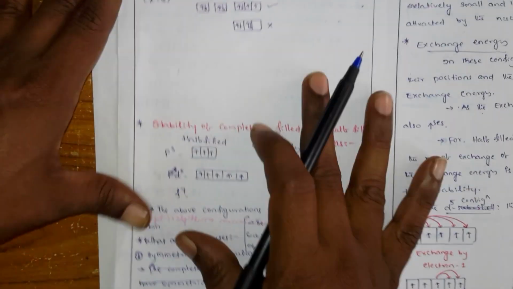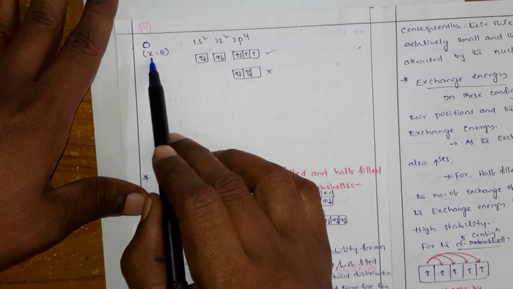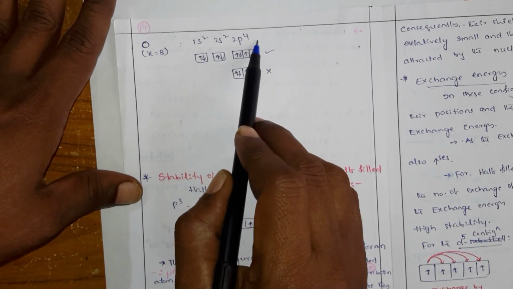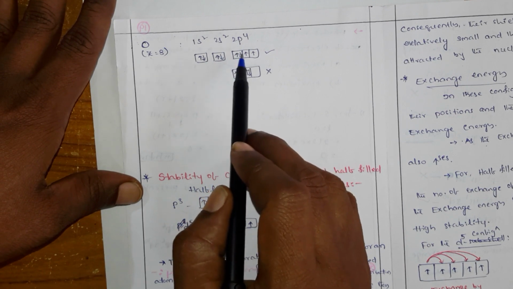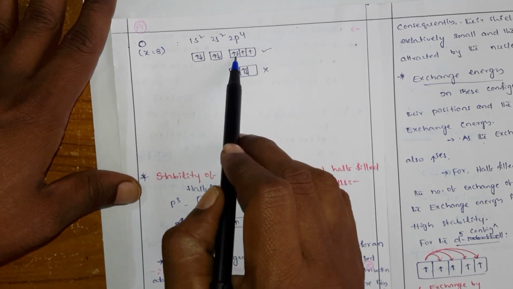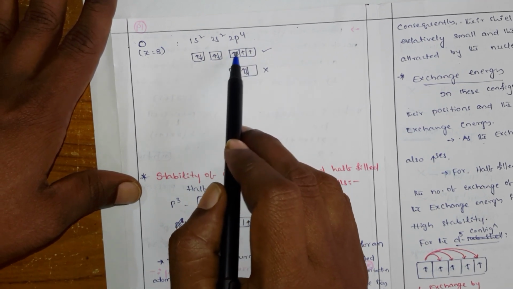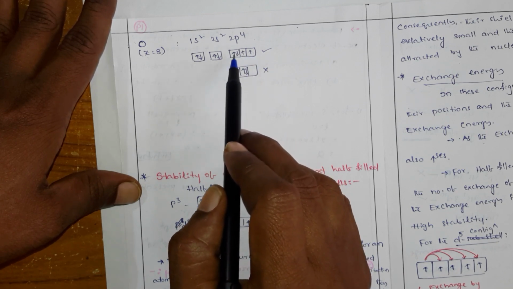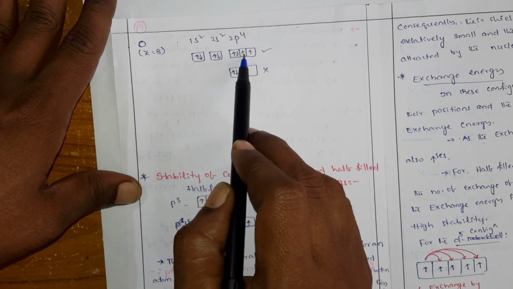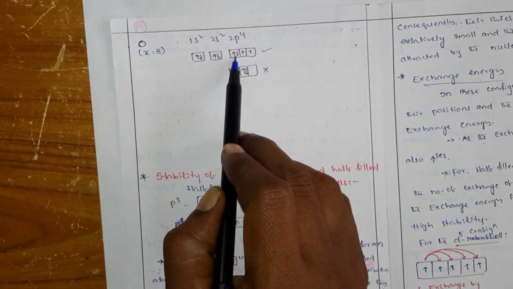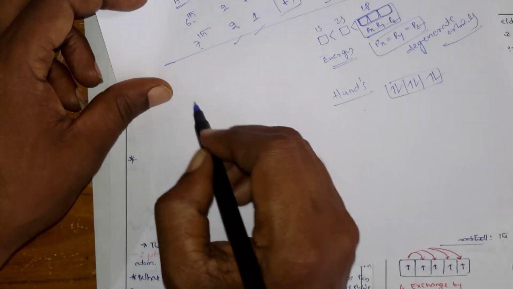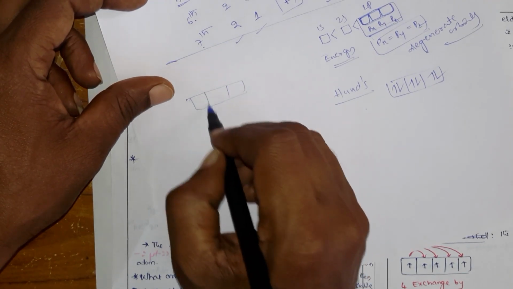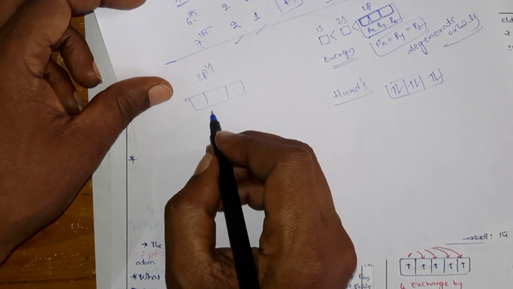You see one more example, you will understand. Oxygen: 1s2, 2s2, 2p4. So in the 2p4, first 1, 2, 3, then you have to pair. Don't write 1, 2, 3, 4. First you should not pair. You have to write one electron each, 1, 2, 3, and then you have to pair. In the 2p4, you have 4 electrons.